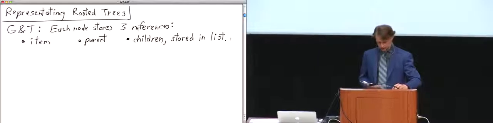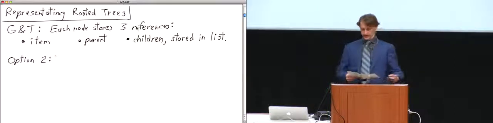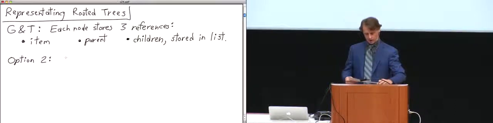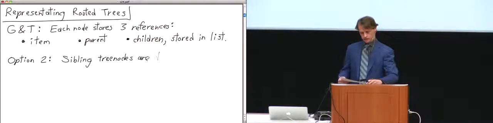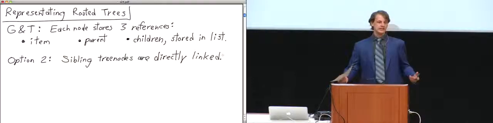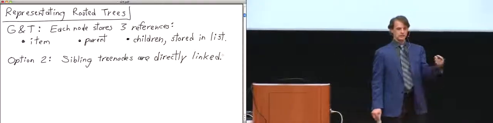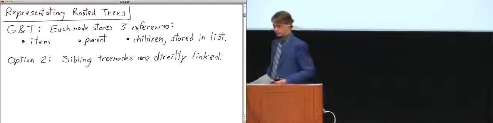And so option 2 is a tree data structure in which all the sibling tree nodes are directly linked. They basically have next pointers that allow you to link siblings together, all in the same tree node structure.